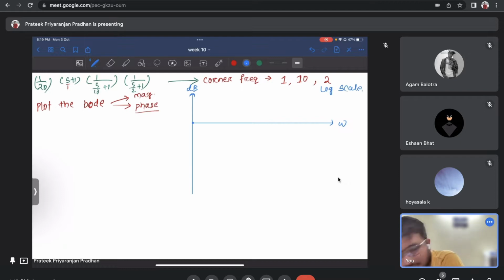I will take a very low starting frequency, 0.01. Then this point, this point, this point, this point. So this will be 0.1, this will be 1, this will be 10, this will be 100, and this will be 1000. Is it clear? Because it's a log scale, the units will be multiplied by 10.